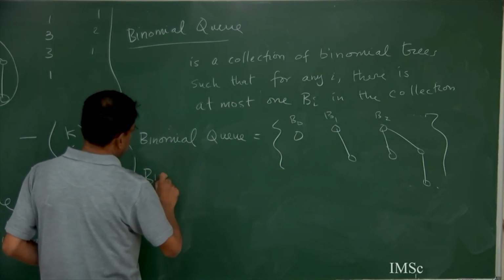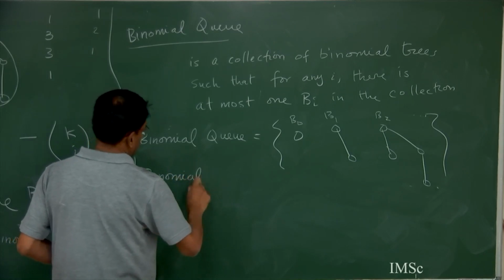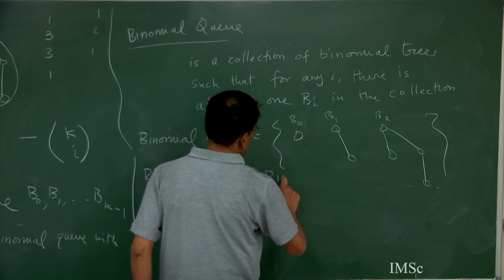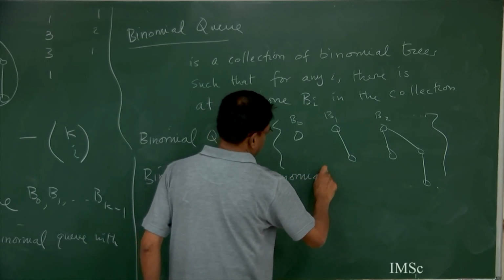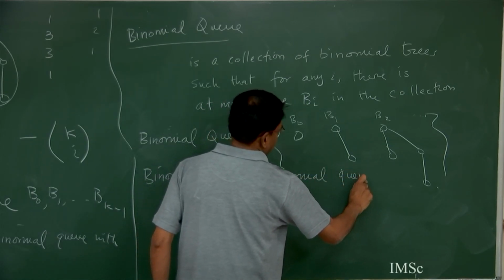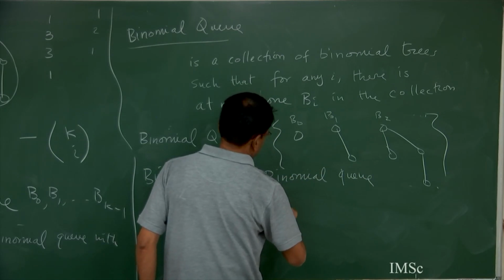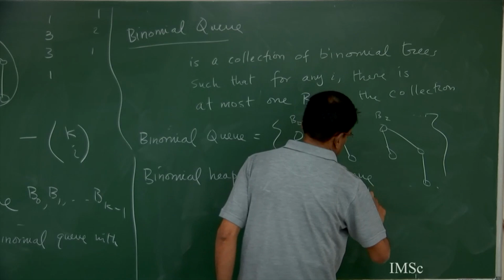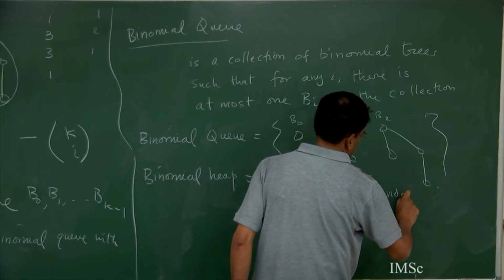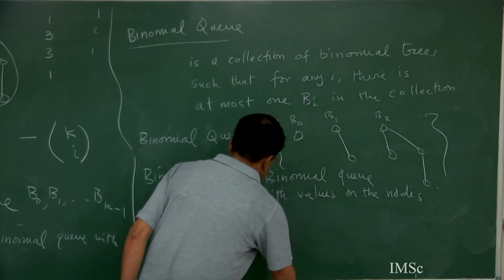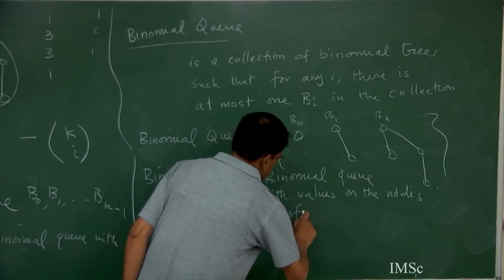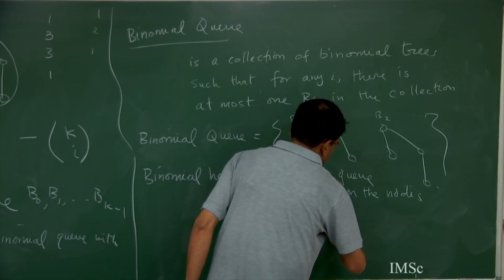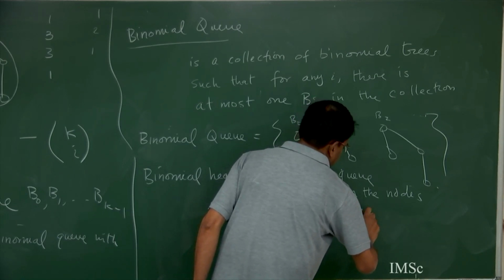So, under binomial heap, structurally it is a binomial queue. Now, we will have values on the nodes satisfying your min heap or max heap property.